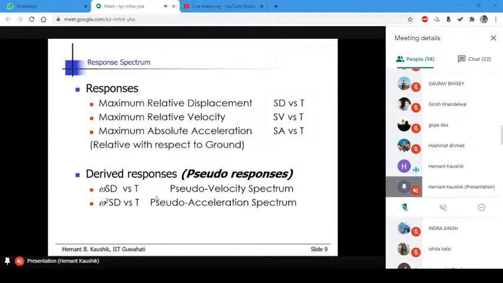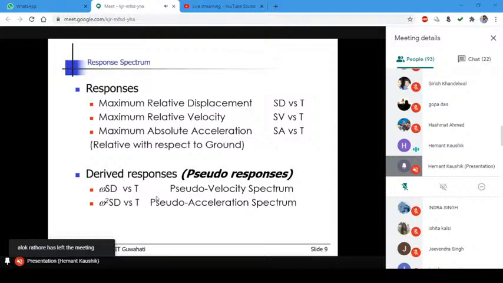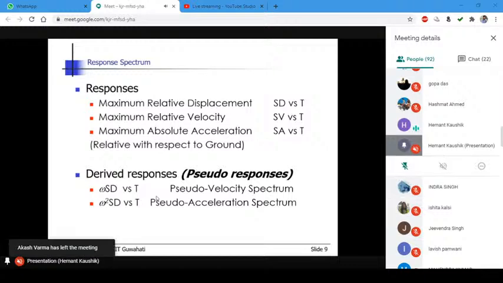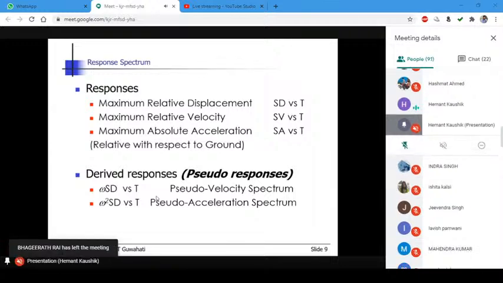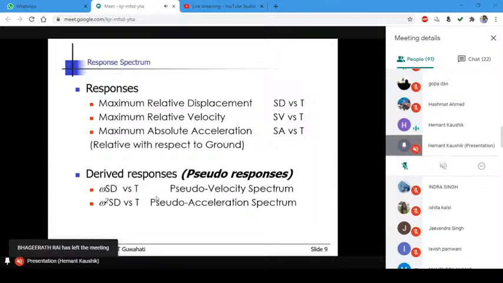The responses are maximum relative displacement, so we plot SD versus T, spectral displacement versus time period. Maximum relative velocity, so we plot spectral velocity versus time period. Maximum absolute acceleration, that is in relation to the ground, with respect to ground, is spectral acceleration versus T. So these are the three response spectra that we can plot.